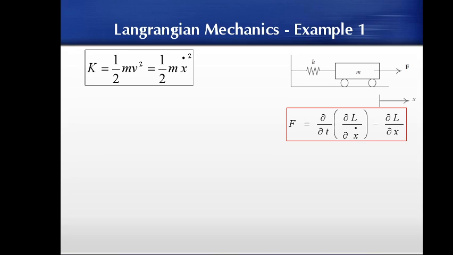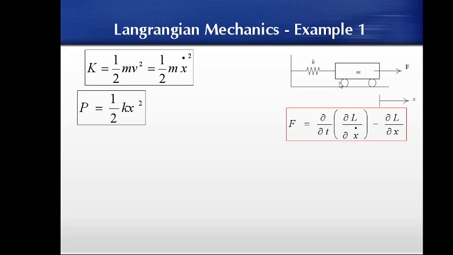So here we can see that this cart, the simple 1 degree of freedom system, gets displaced by an amount x from the origin. If I differentiate that linear displacement x with respect to time, I will be getting the velocity. So on substituting, I will be getting K equal to half m ẋ square. Instead of v, I am substituting ẋ.